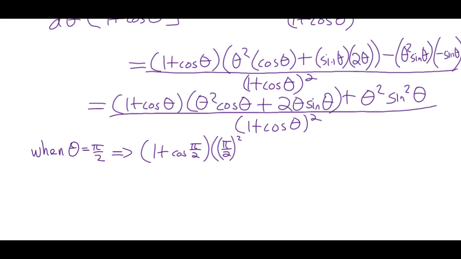Pi over 2 quantity squared cos pi over 2 plus 2 times pi over 2 sine pi over 2 plus.